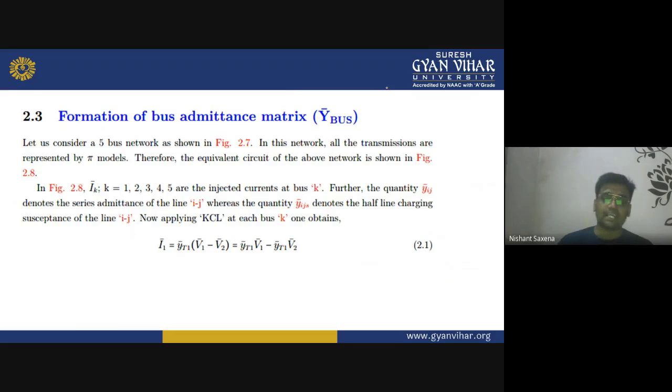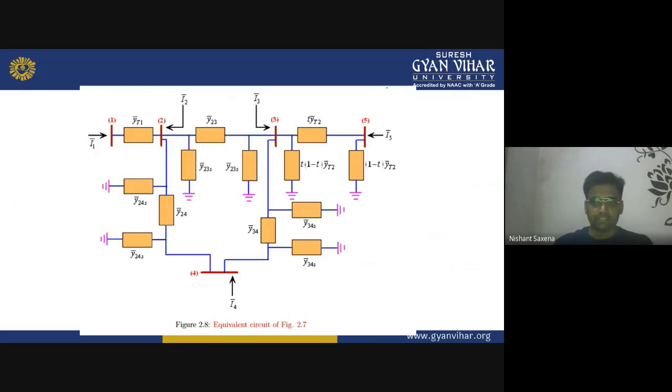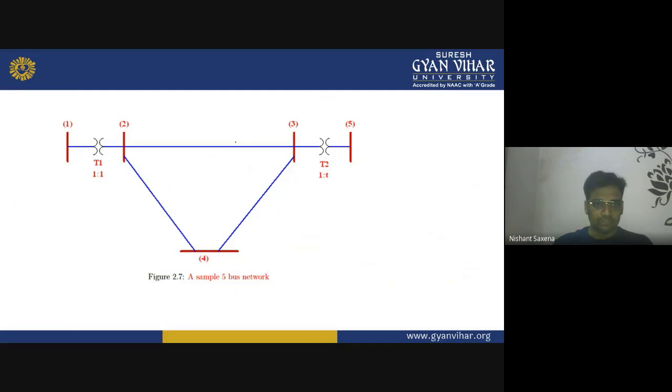Therefore, the equivalent circuit of the above figure is shown in figure 2.8. If you draw the equivalent circuit of this network, it will be like this. Look at this. This is the transmission line. This is T1 for an example. This is T23, T24, and this is your T34.